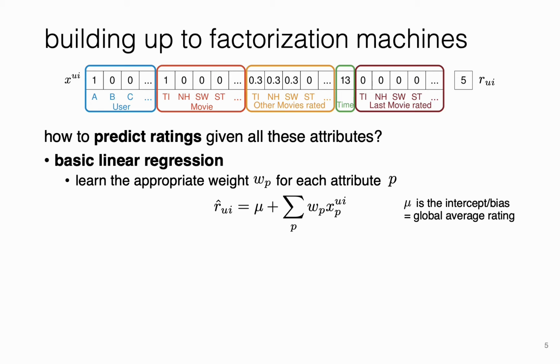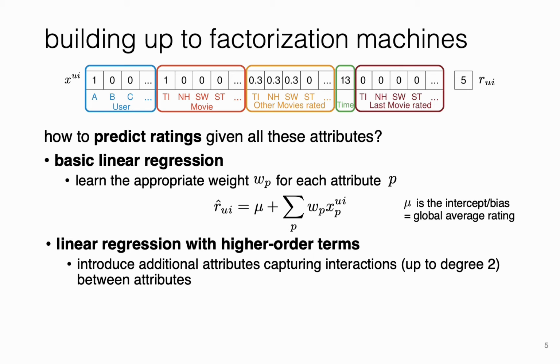A slightly more complex modeling is to also include higher order terms. This means that in addition to the feature attributes that we are given, we will be combining them to synthesize additional attributes. This is useful because that way we can express non-linear relationships between attributes. A simple example where higher order terms are useful is when we want to predict the price of a house.